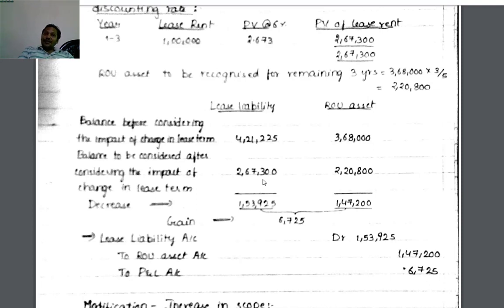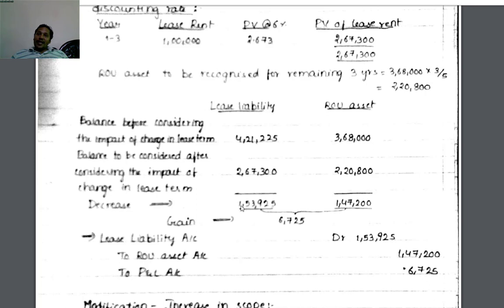So this is a balance before considering the change in lease term, 4,21,225. After considering the impact of change in lease term, 2,67,300.